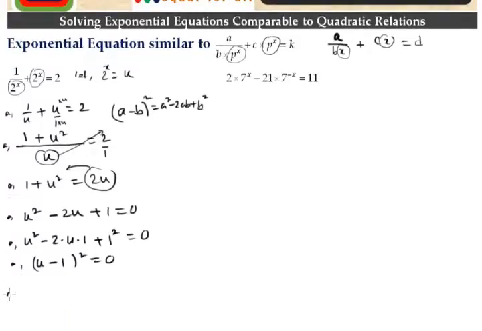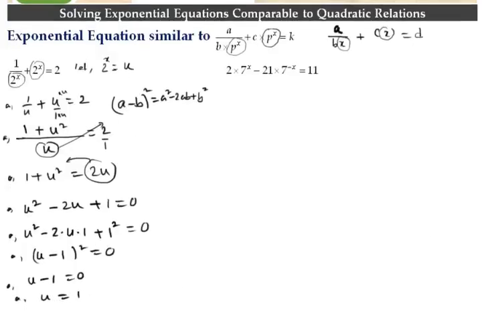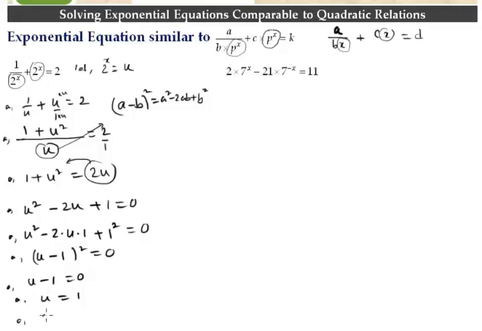Therefore from here we can write u minus 1 equals 0 or u equals 1. Here u is 2 to the power x, therefore 2 to the power x equals 1. 1 we can write as 2 to the power 0. So 2 to the power x equals 2 to the power 0, therefore x equals 0. So the solution of this equation is x equals 0.